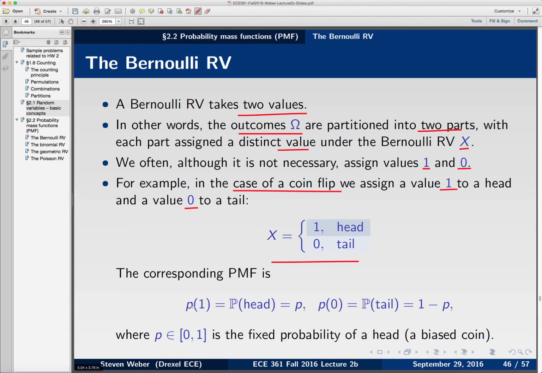Then, the probability mass function for this random variable is obtained using the procedure given on the previous slide. In particular, P of 1 is the probability that we have the outcome of a head, which is, in this case, p, some number given to us giving the bias of the coin. Likewise, the probability of 0 is the probability that the coin is a tail, and that must take probability 1 minus p.